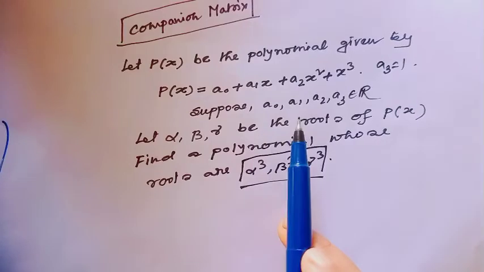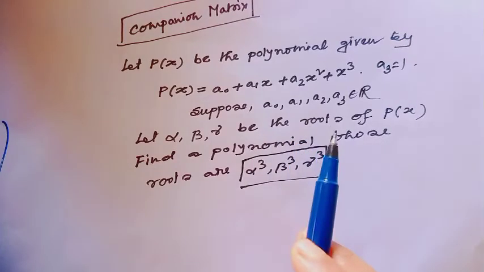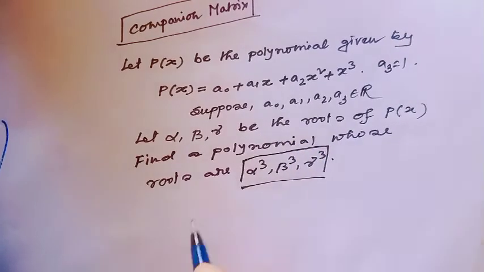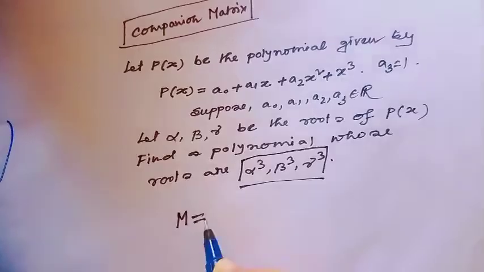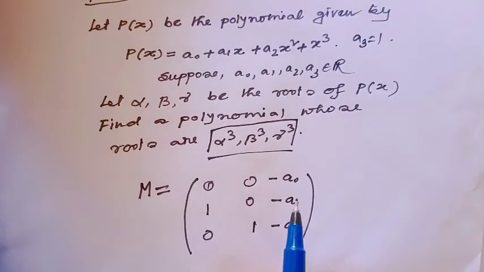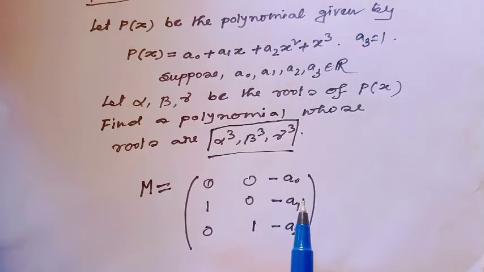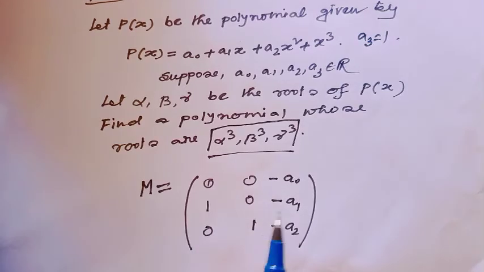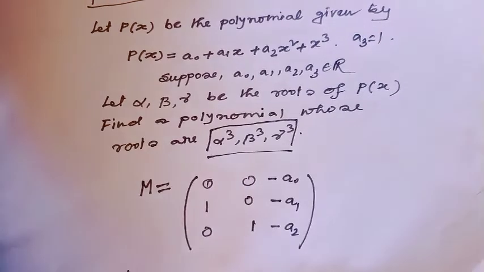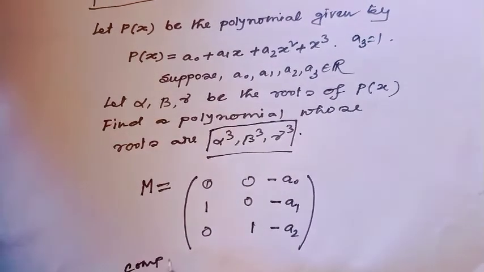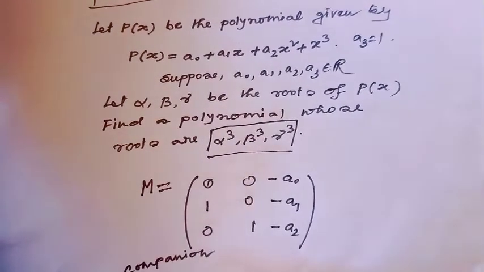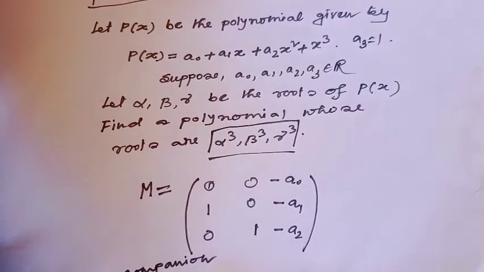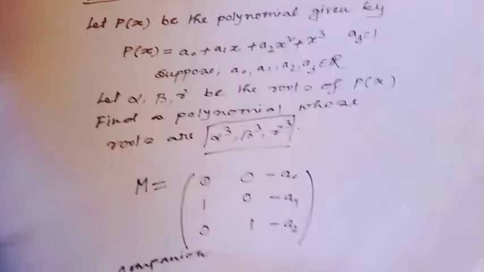For this polynomial I get one matrix, denoted M, which looks like this: minus a0, minus a1, minus a2, and the off-diagonal of this matrix is 1, 1. Notice this matrix is the companion matrix associated with this polynomial.